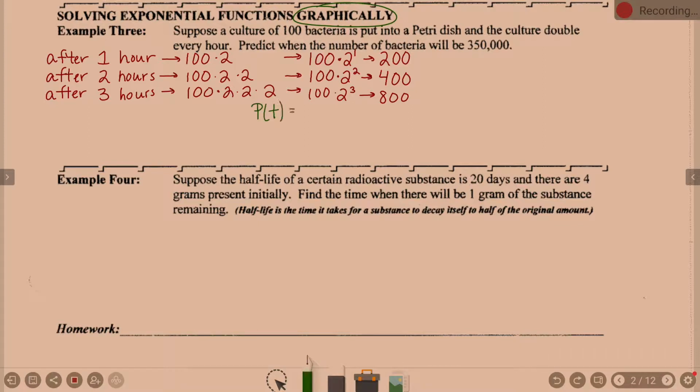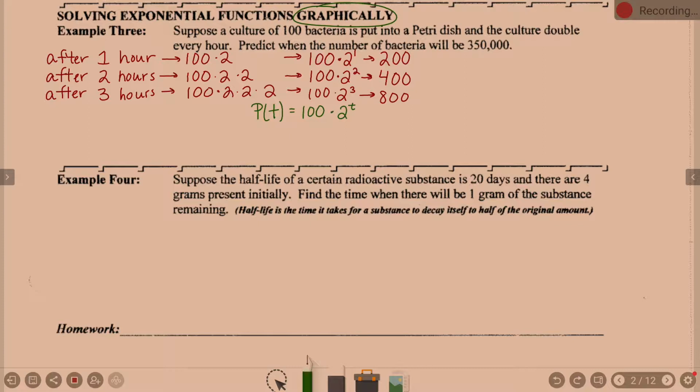P of t equals, well, we kind of already knew it was 100, yes? Yeah. They told us the initial value of 100. And then it was 2 to the first, 2 to the second, 2 to the third. We're going to say 2 to the t. So that's the equation we're looking at. And what does that 2 represent?